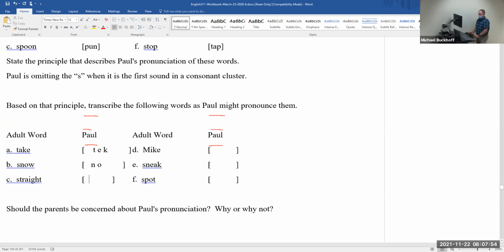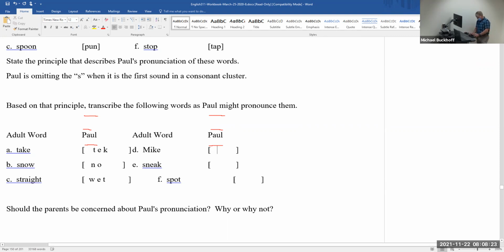How would he say straight? Probably wouldn't say the S, but you still have a TR, which is another consonant cluster. He's also going to have trouble with the R. He'll probably substitute the R for the W, and you might get something like wait, instead of straight.